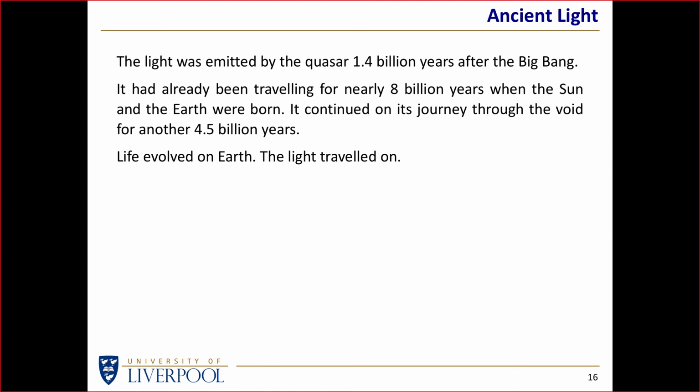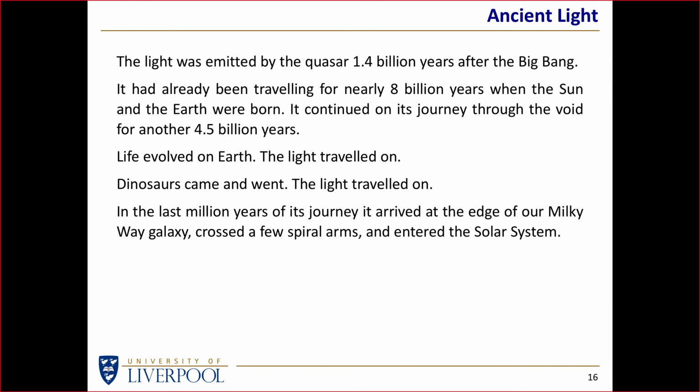Life evolved on Earth from nothing through amoeba, through mammals. The light travelled on. Dinosaurs came, dinosaurs went. The light travelled on. In the last million years or so of its journey, it finally arrived at our Milky Way galaxy. It crossed a few spiral arms and entered our solar system.